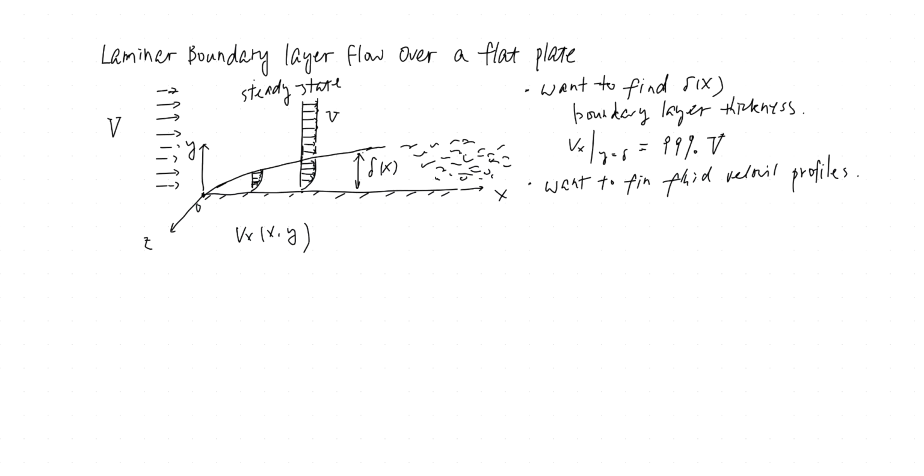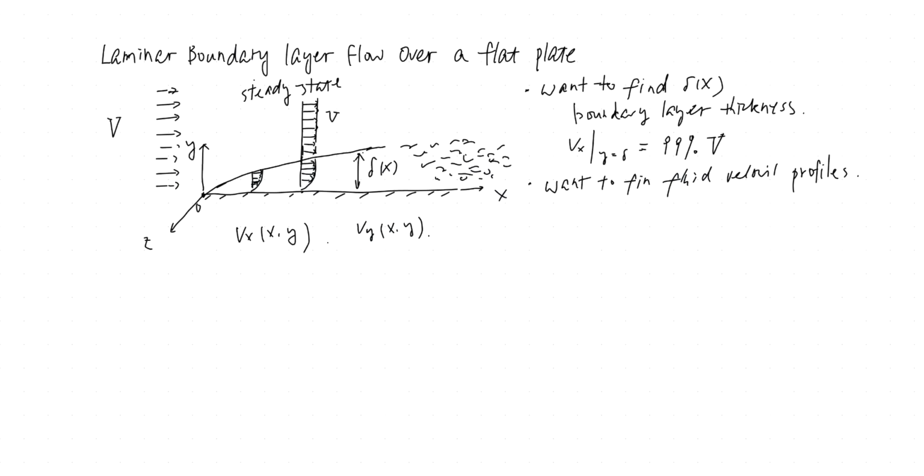And then in this scenario, there will also be Vy. Vy is also a function of x and y. So we also have a y component of the velocity. You may wonder why this is the case. If you look at the boundary of the boundary layer, it develops as x increases.